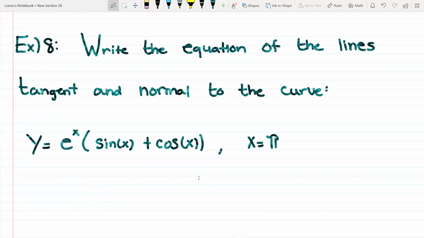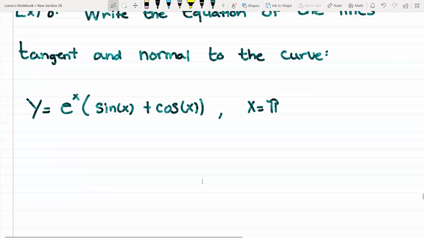Example 8 says, write the equation of the lines tangent and normal to the curve y equals e to the x times sine of x plus cosine of x, where x equals pi. The first thing I'm going to check is, do I have an actual coordinate, meaning an x and y coordinate? I have the x, but I do not have the y.